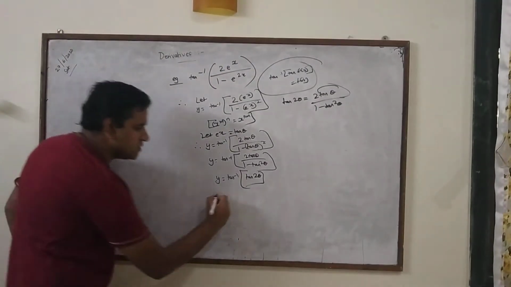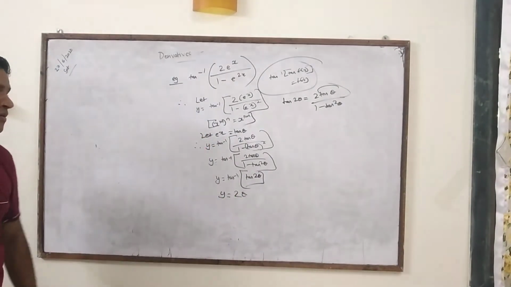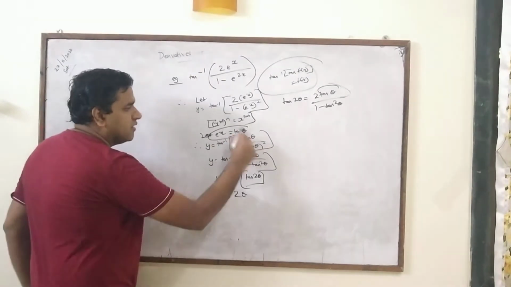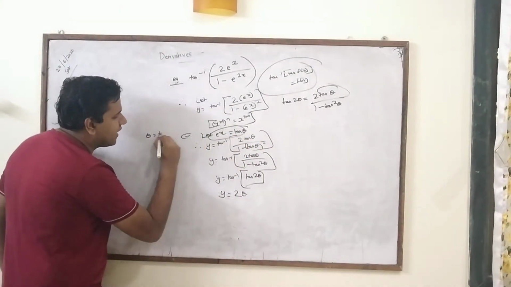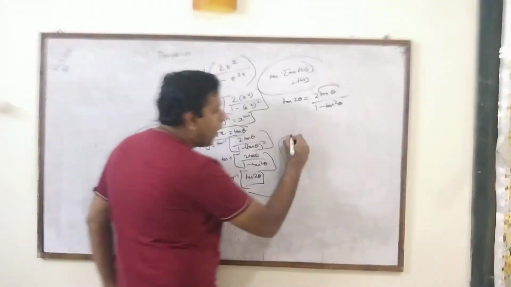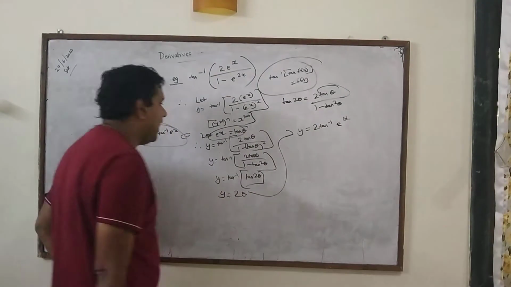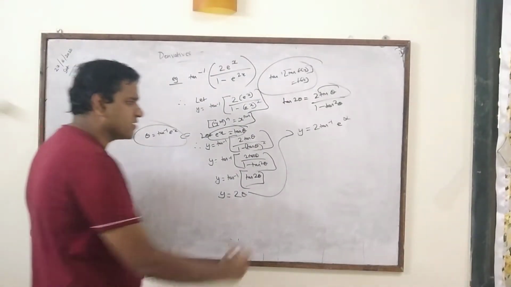So y becomes 2 theta, and theta is nothing but tan inverse e raised to x if you rearrange. So y becomes 2 tan inverse e raised to x.